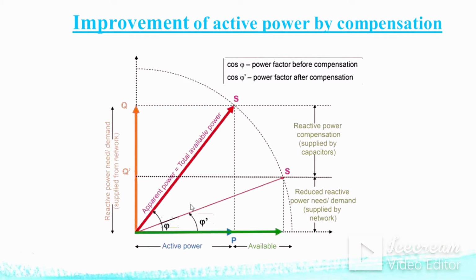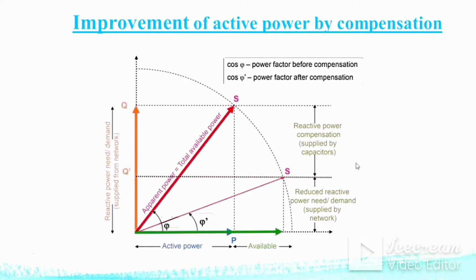When the power factor angle is reduced, the cosine value becomes higher compared to the previous cosine value. It implies that the power factor of the network has improved.